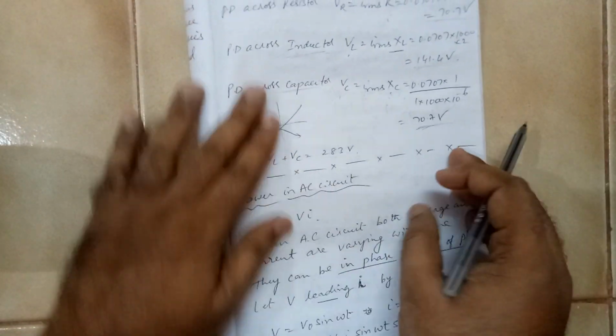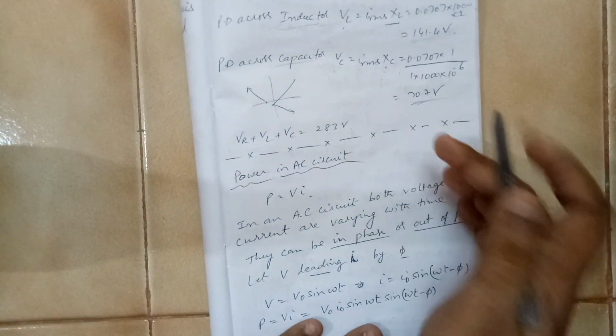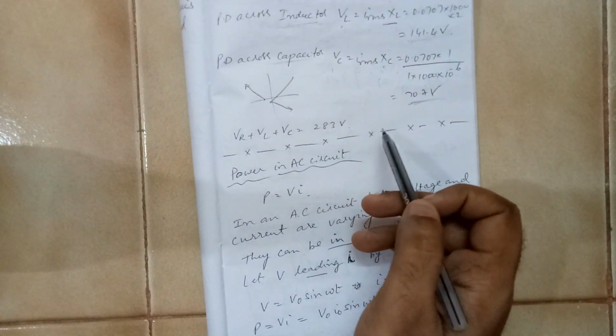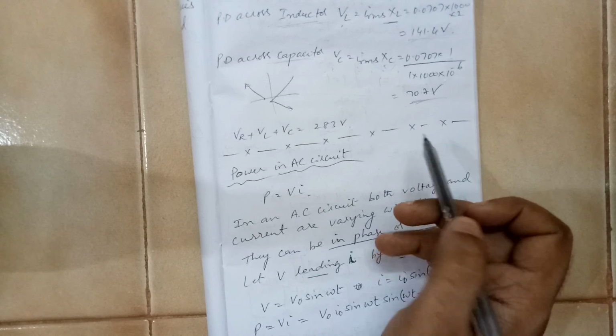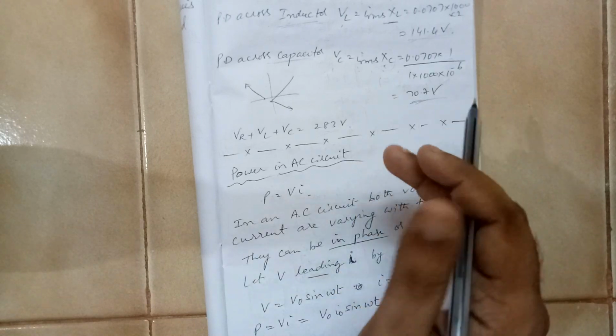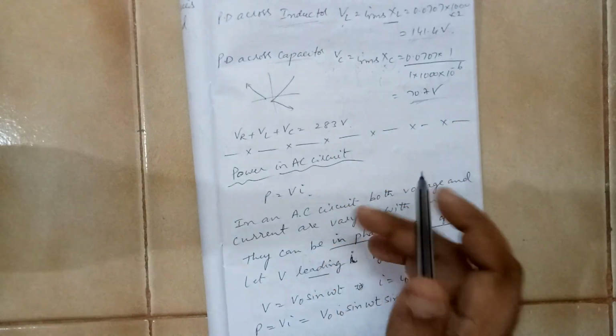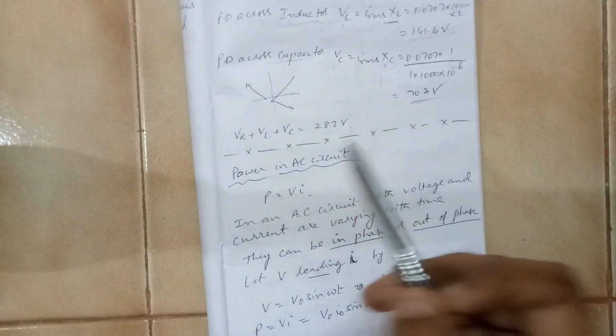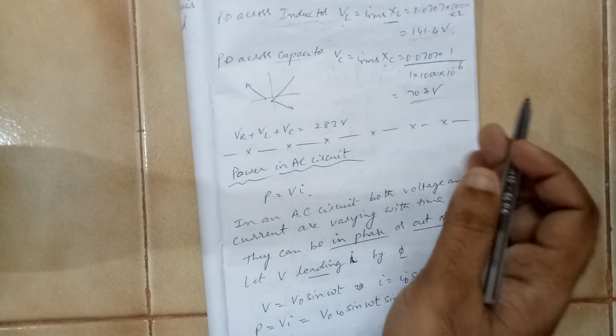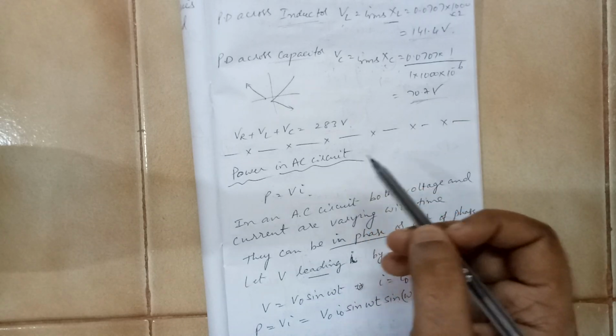Let's move on to the next topic, which is power in an AC circuit. Whenever you talk about an AC circuit, how do you get the power? You take the voltage, take the current, multiply them, and you get the power. In a DC circuit, this voltage and current are constant values, but here they are time varying values.